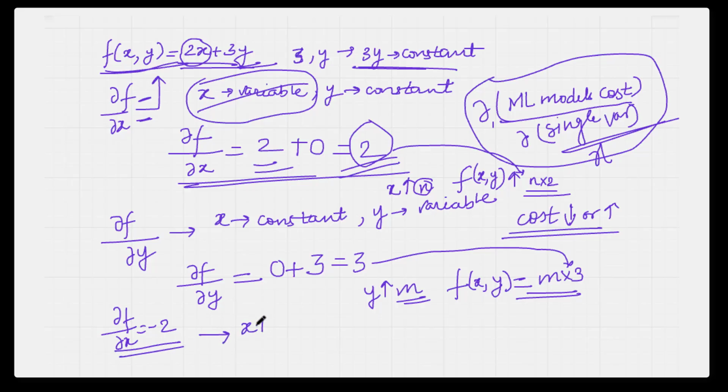That is, if my x increases by n, then my whole cost function would decrease by n times this minus 2, so it will decrease by n times 2. That is how these partial derivatives help us with cost functions.